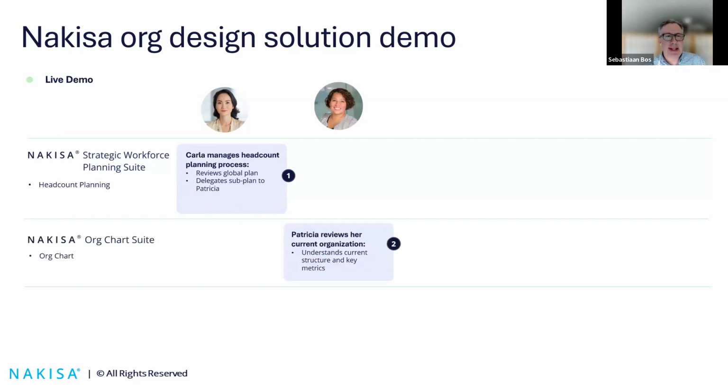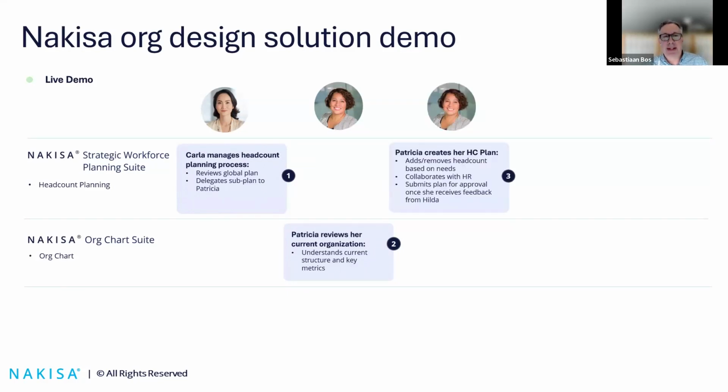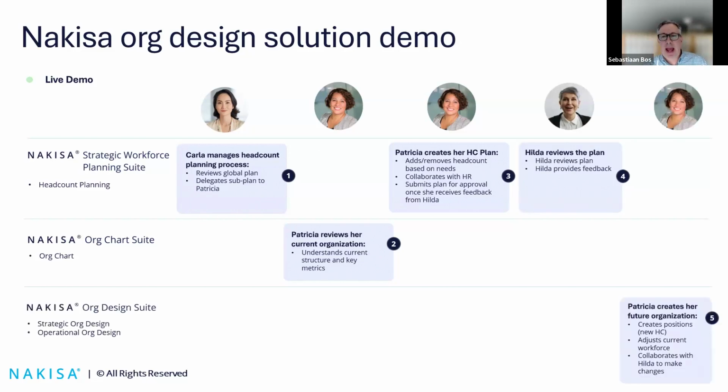Patricia is then going to take a look at the current organization structure and the key metrics and analytics, and try to understand what her business looks like today. Then she can add and remove headcount plans, and of course Hilda is involved from a review perspective. And then finally, reorganizing the organization based on that.